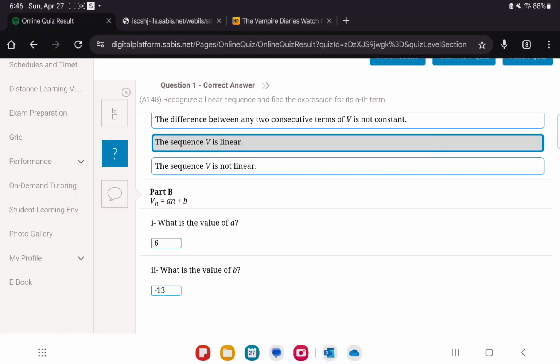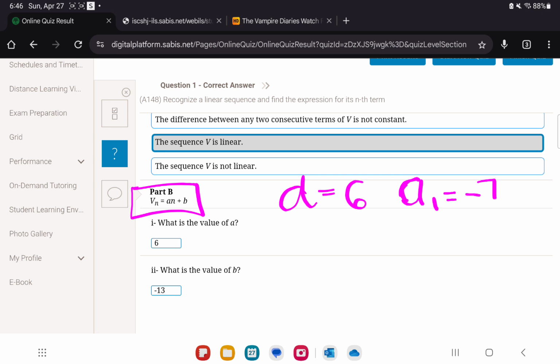Now part B. Now they're asking us to find the equation for it, okay? So I'll just write the common difference here was 6. The first term was -7, and that's all we need, okay?